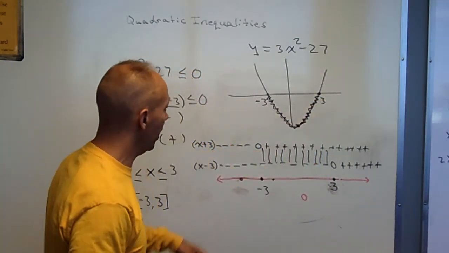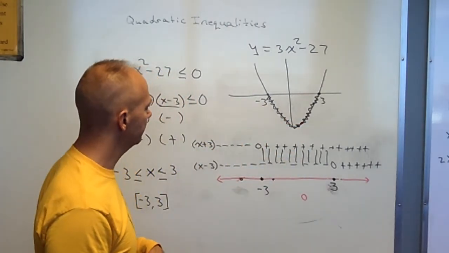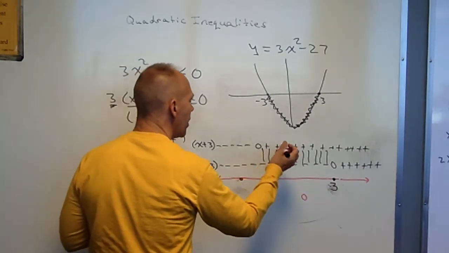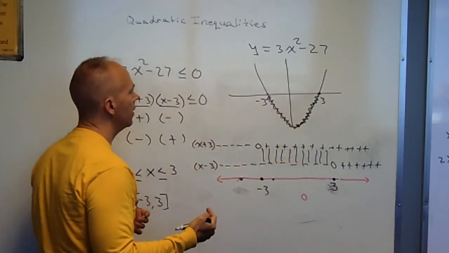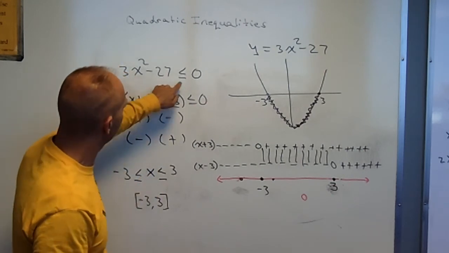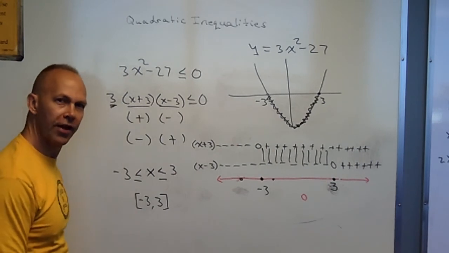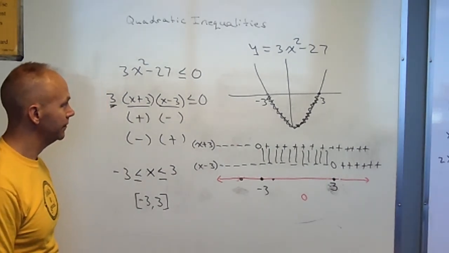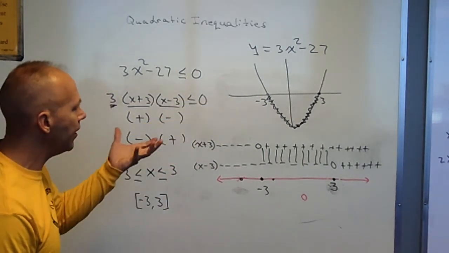Yeah, those all those points, they have negative y-coordinates, don't they? They sure do. So, by looking at this, I can see that from -3 to 3, that quadratic will be less than or equal to 0. Boom. That's what we found right there, wasn't it? Yes, it was. So we can find the solution set just by looking at the graph.